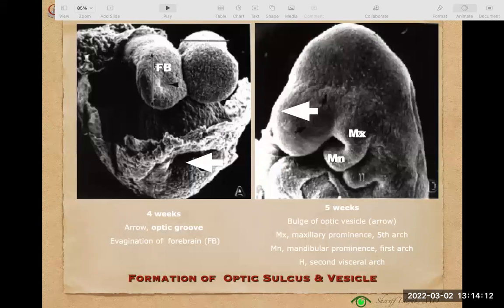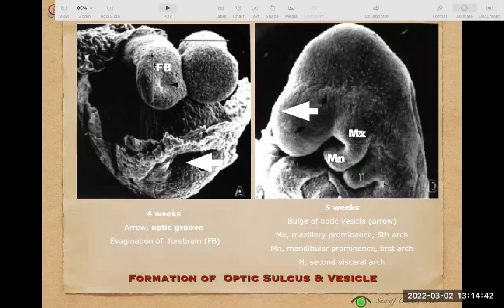Now, these are real photos of embryos where at 4 weeks of life, this is the whole optic vesicle evagination from the forebrain. This is the forebrain, where one vesicle comes to one side and one vesicle comes to the other side with a groove from below. As you can see on the second photo to your right, this is not a diagram.